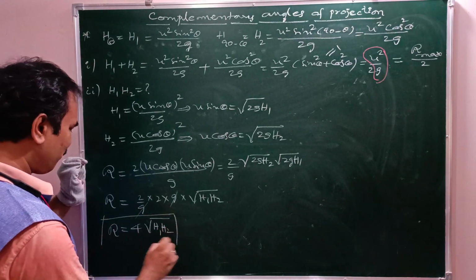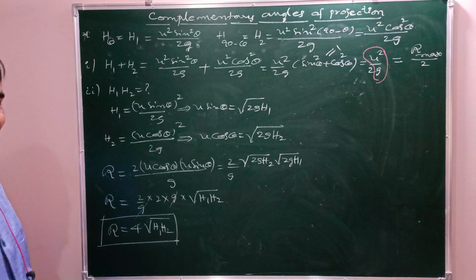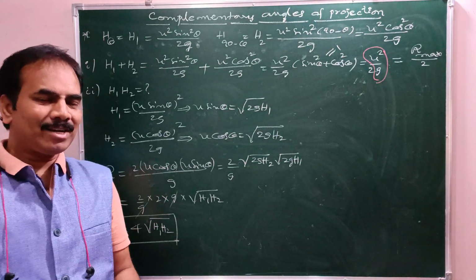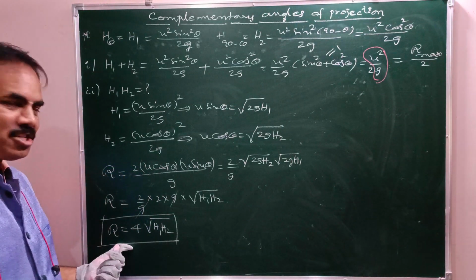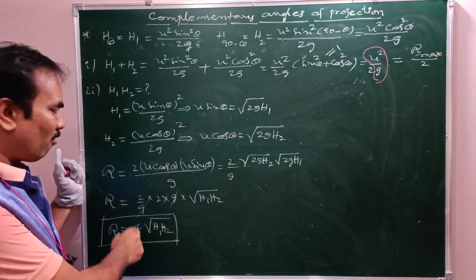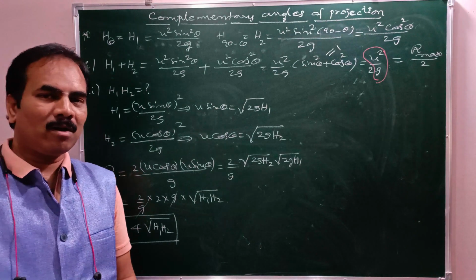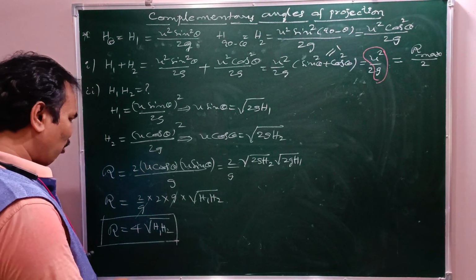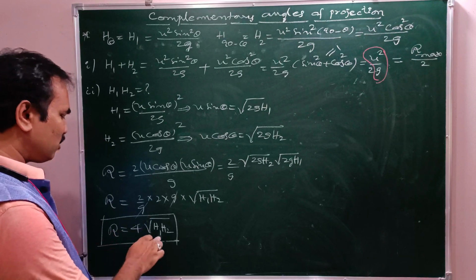This is one most important relation: range in case of complementary angles of projection. What is the relation between range and the maximum heights in both cases? That is R equal to 4 times root over h1 h2. Now on squaring both sides, R square equal to 16 h1 h2.